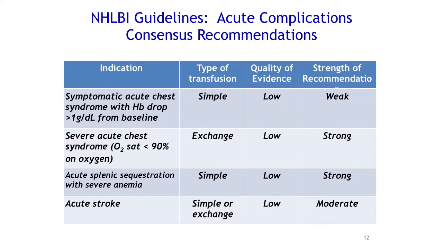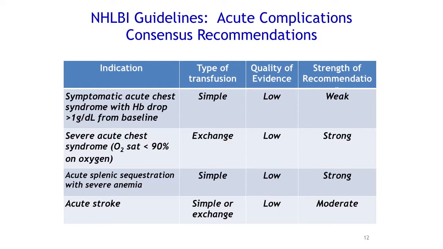And the other one would be acute splenic sequestration with severe anemia. This may be associated actually with hypotension. Similarly, there is a strong recommendation for transfusion in this case, in which case you can do a simple transfusion. Yes, this also applies in our setting.